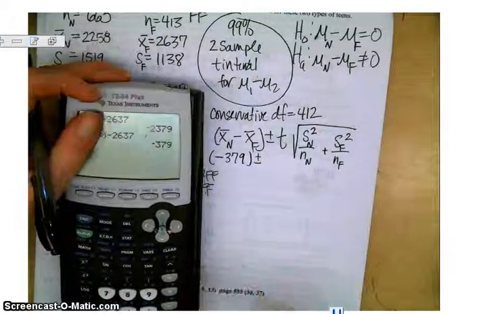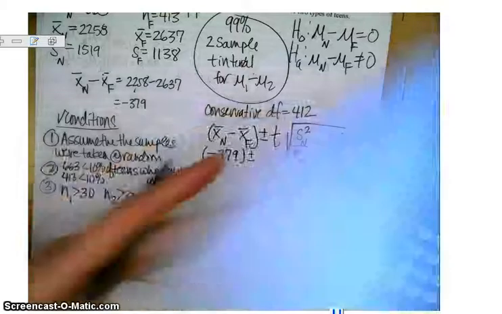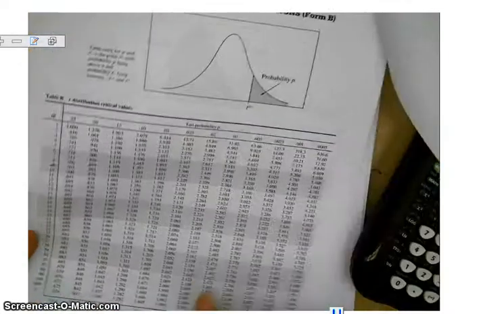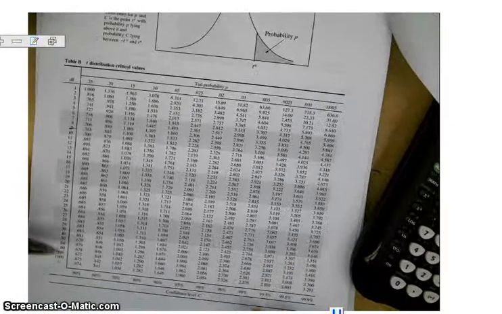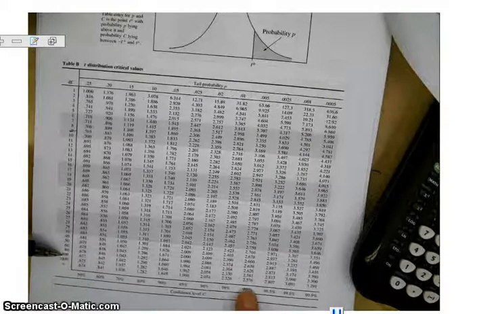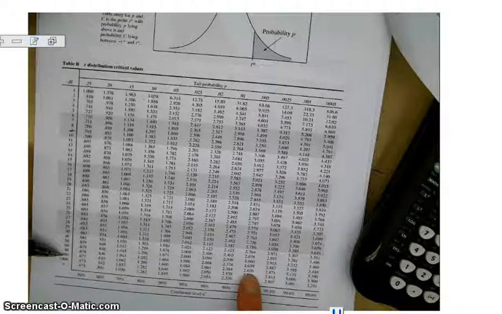Plus and minus, I think I really like the t-table. That's a lot easier. So 99% confidence level. So 99%, and my 413, well, I'm just going to have to use 100 here, it looks like. So 99% with 100 is 2.626.